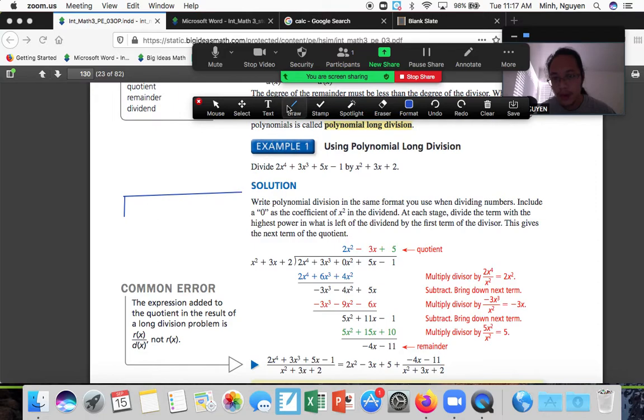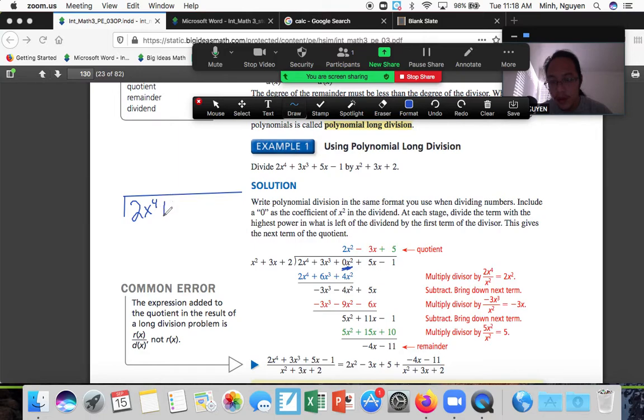We write it in standard form, but since we have fourth power, third power, and we're missing second power, we're going to write 0 for it. Anytime you're missing something, you write down a placeholder. It's just an organizational thing.